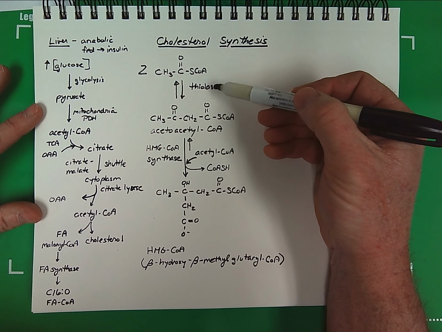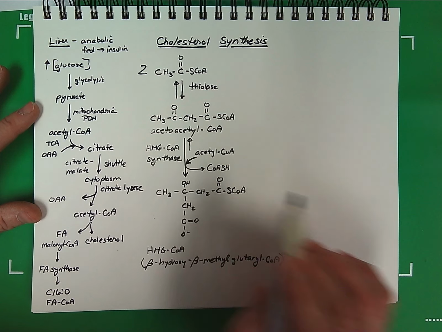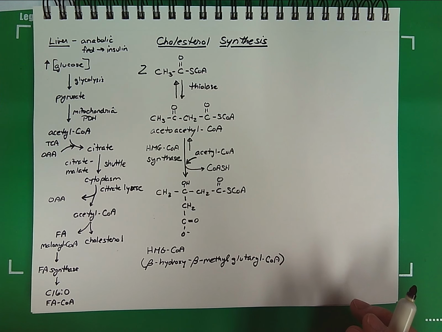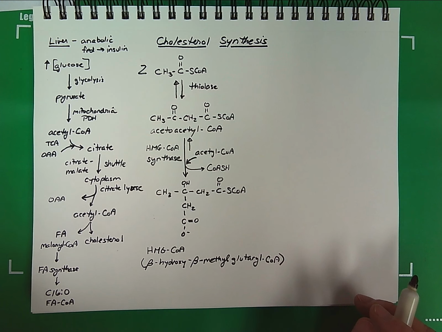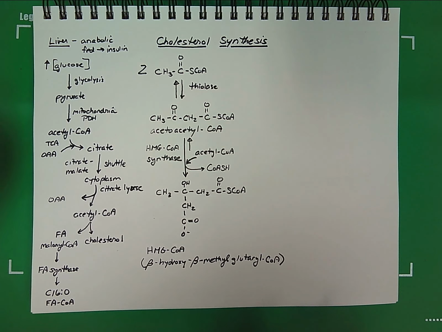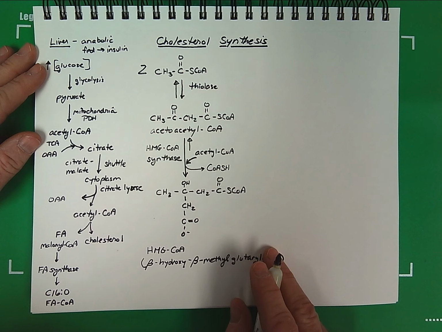So the reactions by the thiolase and HMG-CoA synthase are both reversible reactions to generate HMG-CoA. Now it's at this point, the next step in the reaction, that is irreversible, and we are going to be forming the main component of the molecules we need for cholesterol synthesis.